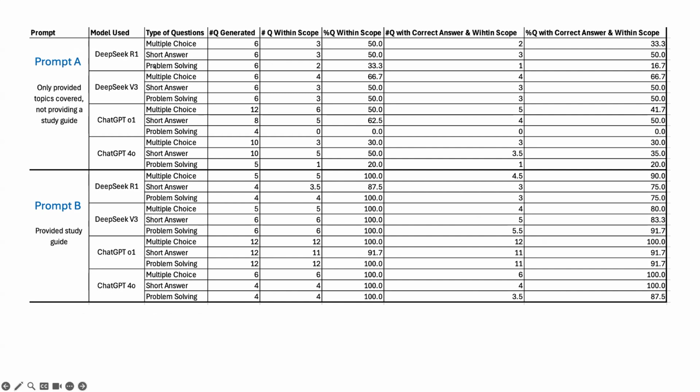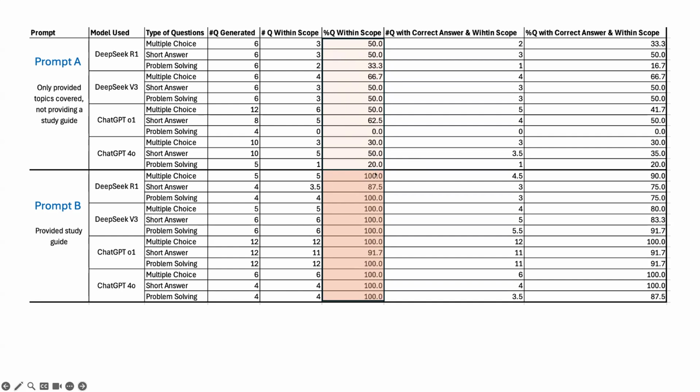So we've got 2 different types of prompts, prompt A and prompt B. For the percentage of questions that are within the scope, after comparison, prompt B has close to 100% coverage, with some around 90%, while for prompt A it's mostly between 0 and 67%.